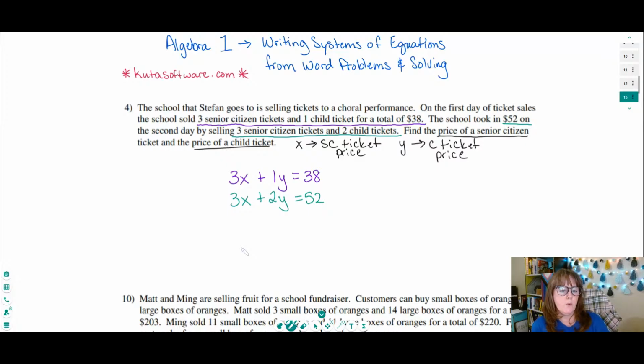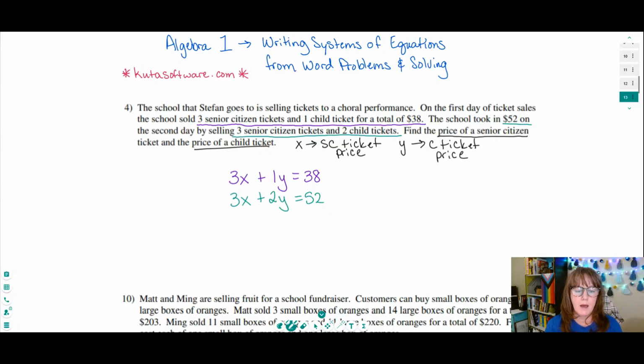All right, so now we get to decide, are we going to use substitution or elimination? I really don't like graphing for these types because it doesn't guarantee an exact answer, like this does, especially when we're talking about money. We could have cents involved, and so I just like to stick with substitution or elimination.